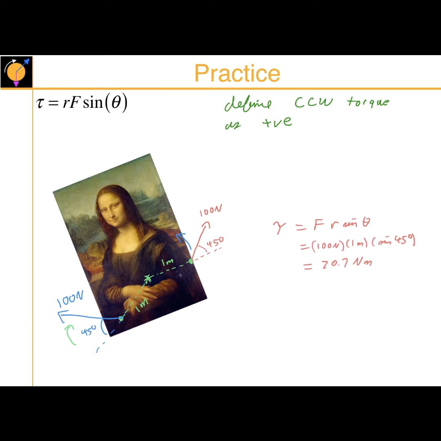So that means this torque is negative by our definition. So our torque here will be minus the force times R times the sine of theta. And so that works out to be minus 70.7 Newton meters. Okay? So in one case the torque is positive because it's pushing it counterclockwise. In the other case it's negative because it's pushing it clockwise.